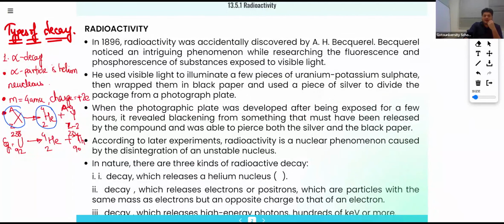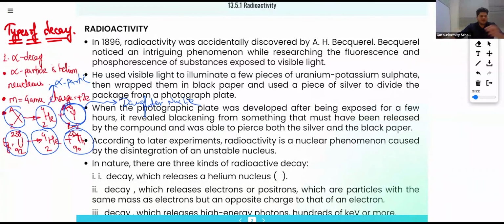This is your alpha particle. And this part is known as the daughter nucleus. Once again: first is the parent nucleus, this is the alpha particle, and this is the daughter nucleus. Parent, alpha, and daughter.